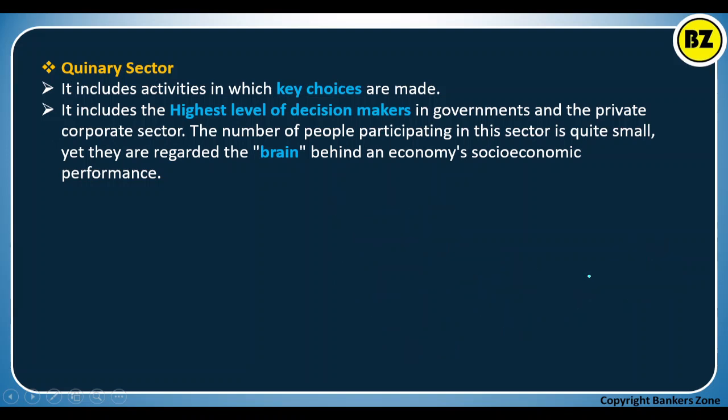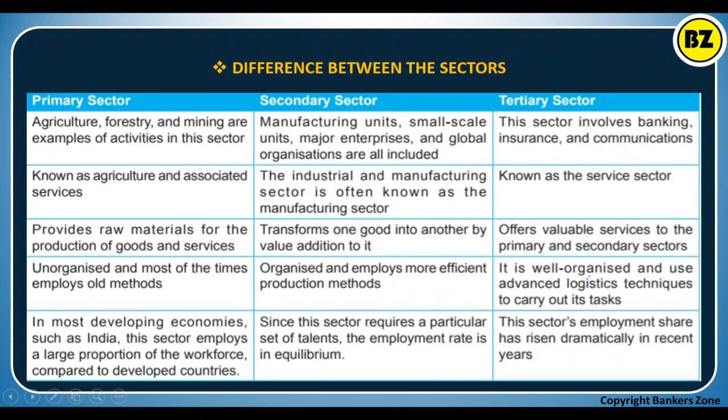Okay, now we'll move to the next. What are the differences between the sectors that we will discuss? Here you can see the primary sector, here is the secondary sector, and here is the tertiary sector. We will discuss the differences again in short.